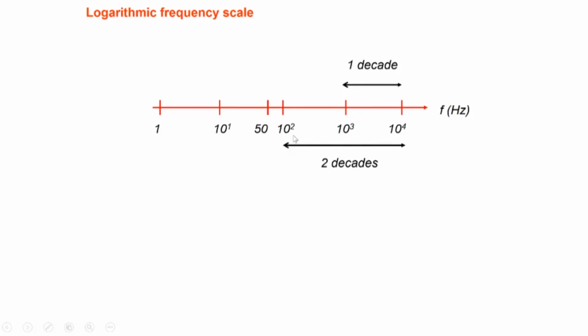So the number of decades is log of f2 by f1. Obviously, please don't get confused between 100 and 10,000; it's different from talking in terms of years of time. So 1 decade increase in frequency and then another decade increase, so the total increase is 2 decades.